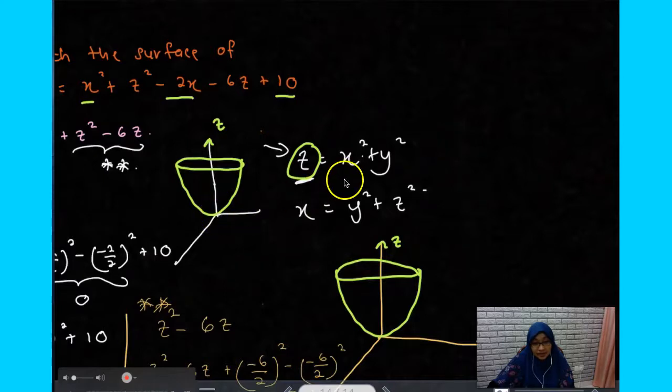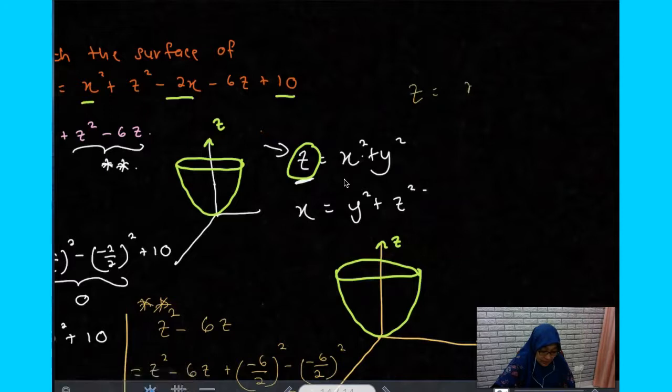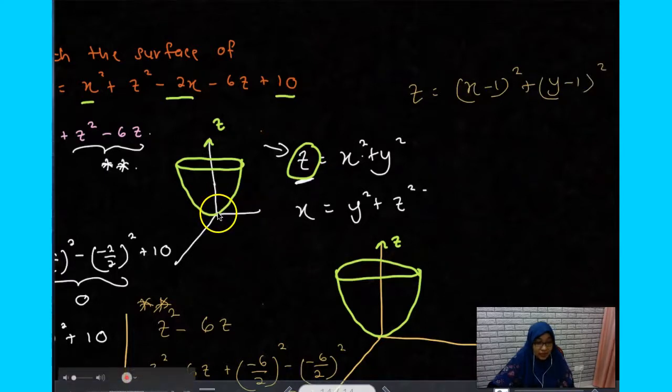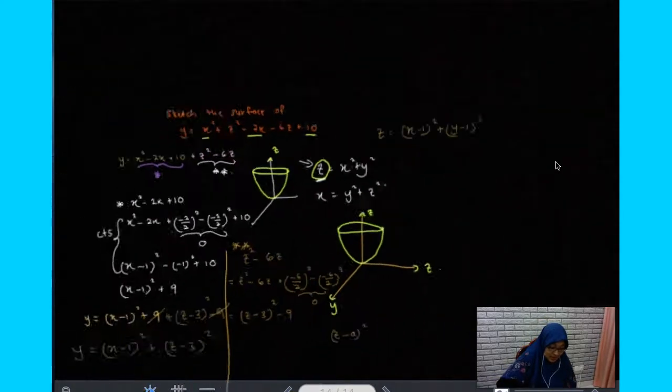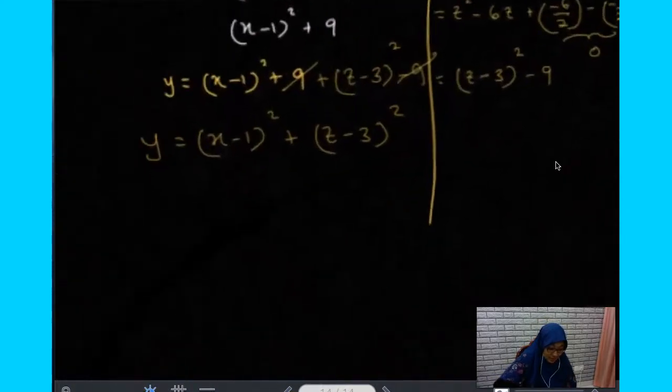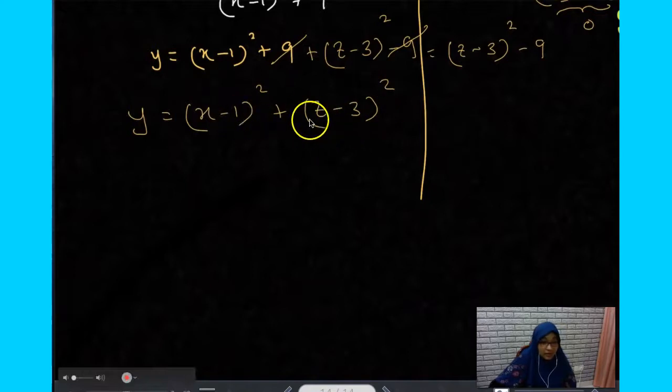But if you have something like x minus 1 squared and then y minus 1 squared, it looks like your minimum value is shifted to x equal to 1 and y equal to 1. It's more or less like the example that we have here, but now we have different variables.